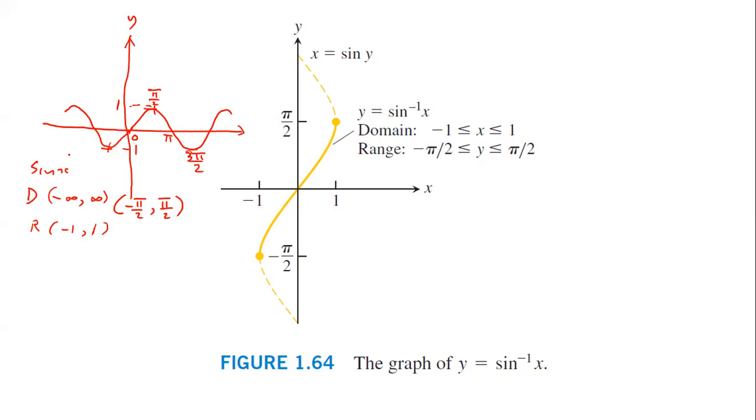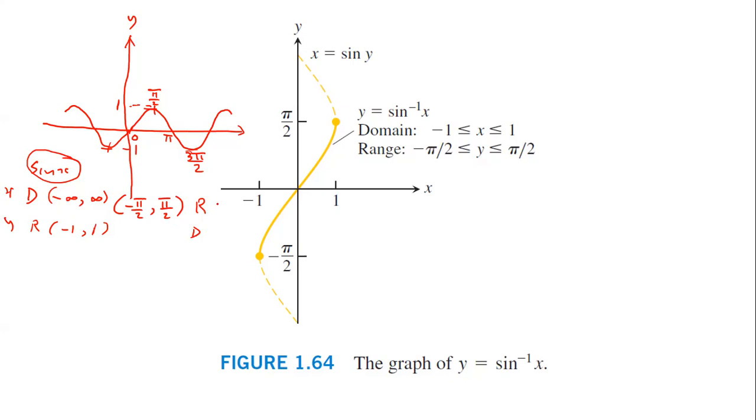Now, we said if we want the inverse of any function, we have to make its domain its range, and its range its domain, right? We express this by, if I have x and y here, I want its inverse.